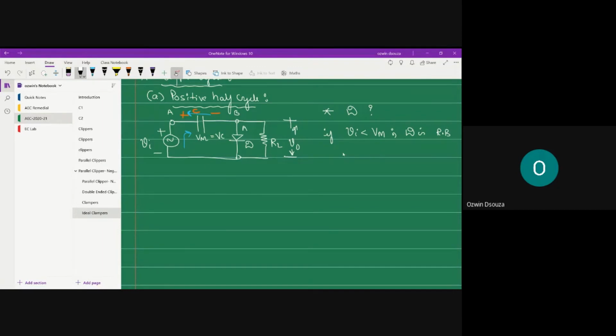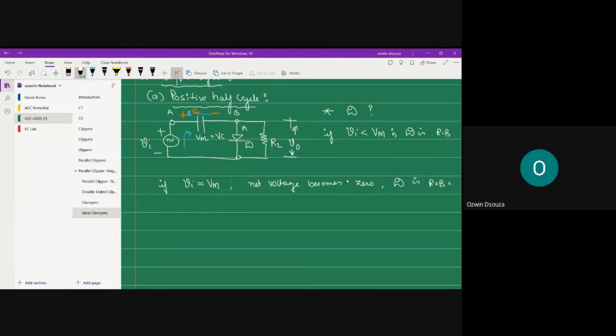On the other hand, if your input is equal to Vm, what happens? The net voltage becomes zero, so then also D is reverse biased.